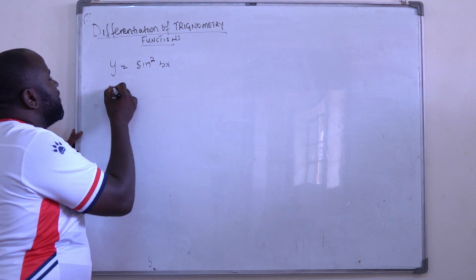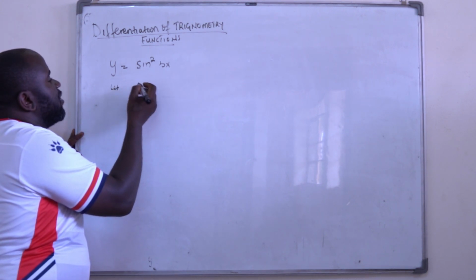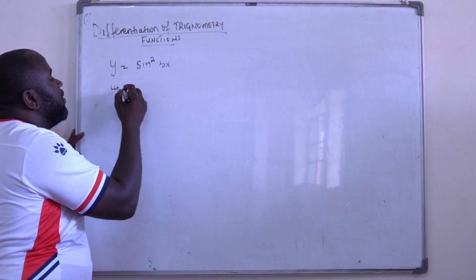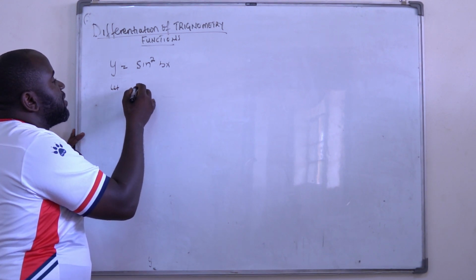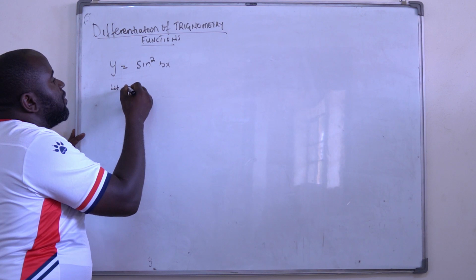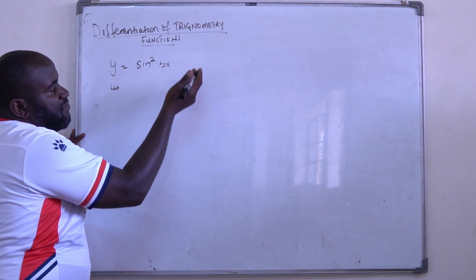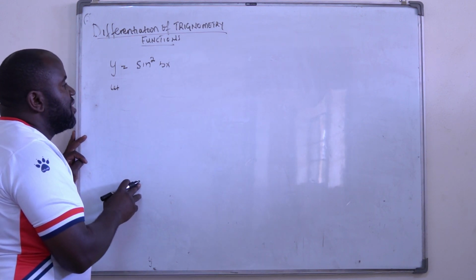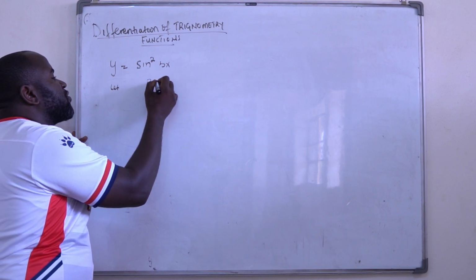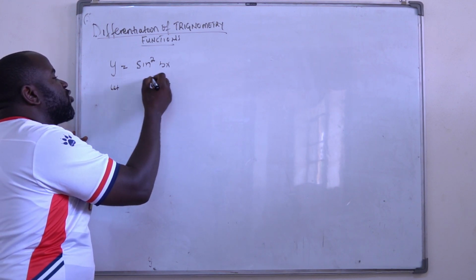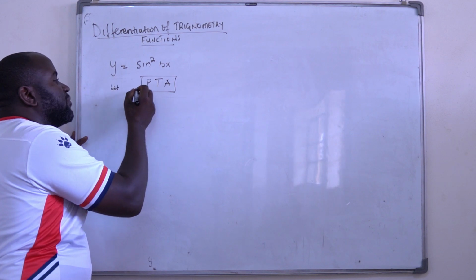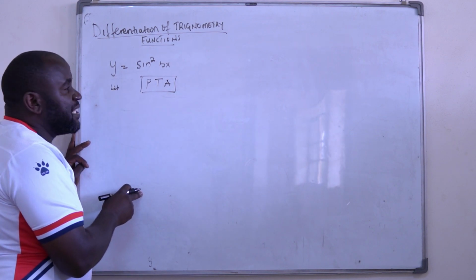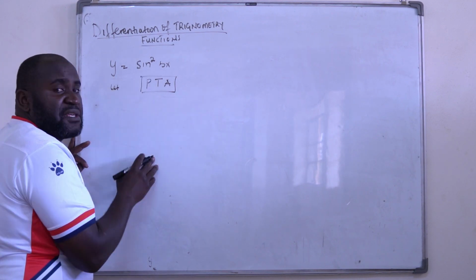One of the techniques of differentiation is to let the angle be anything. But the technique I want to borrow today is the technique which I'm going to call PTA. PTA is a technique that is going to be used to first differentiate the power.